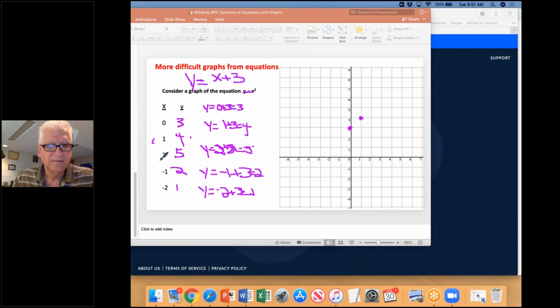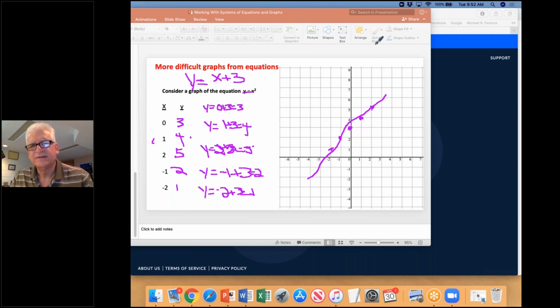When I have 2 and 5, I go over 2 and up 5. When I have negative 1, 2, I go over negative 1 and up 2. And when I have negative 2, the value is 1, so I go over negative 2 and up 1. So you see I have a nice straight line there.